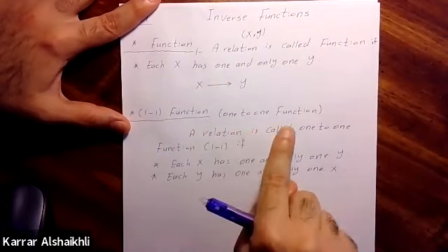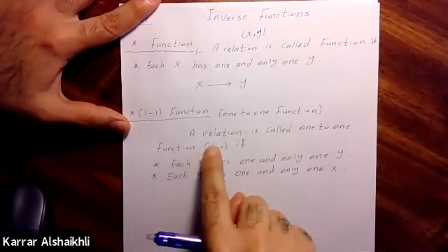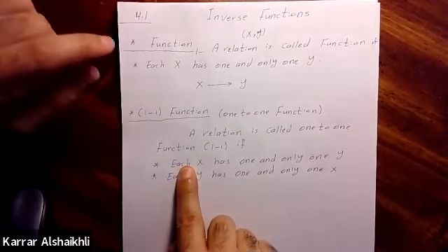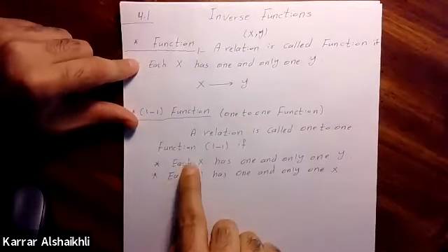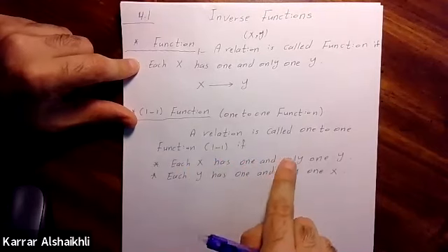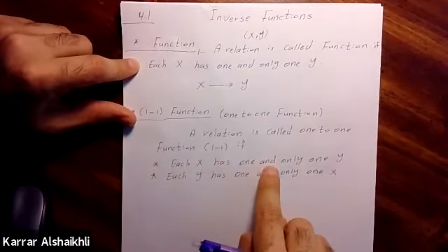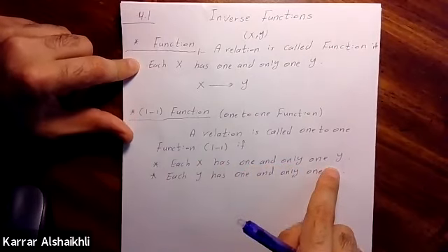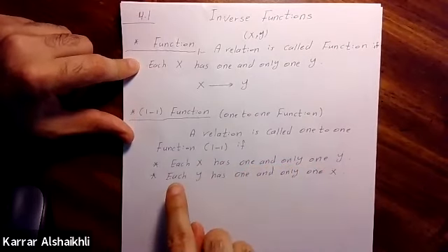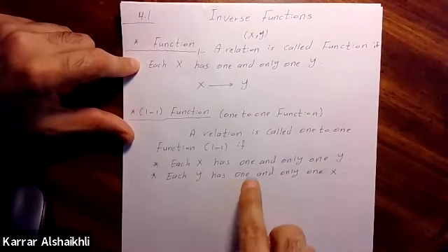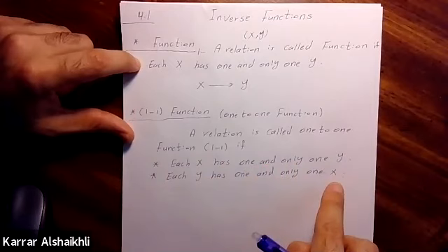A relation is called 1-to-1 function if you see the first condition, exactly the same condition here: each x has one and only one y. But we have another condition. We have to make sure each y, in this case, each y has one and only one x.